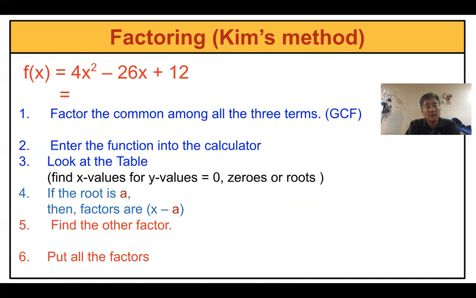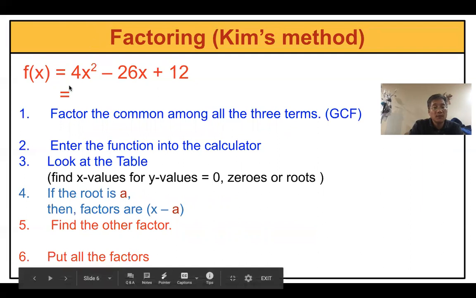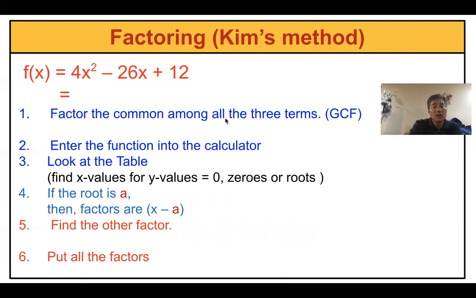So now, the first step is the same. We find the common factor among all three terms, which is 2, right? 4, 26, 12, all even numbers. So you take the 2 out as a factor.